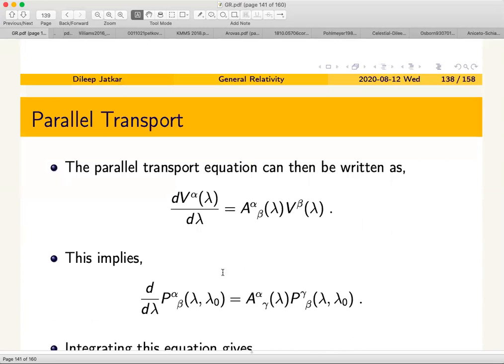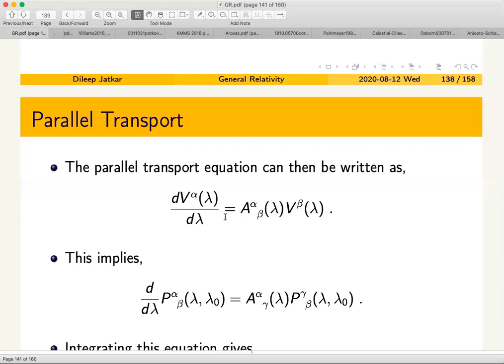We will use the parallel propagator to write down v alpha lambda in terms of v alpha lambda naught. Once you do that, this entire differential equation shifts to a differential equation acting on the parallel propagator.